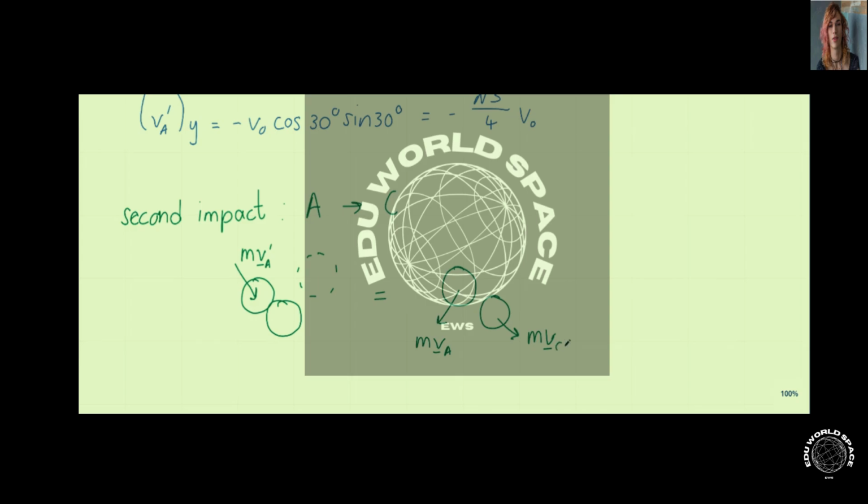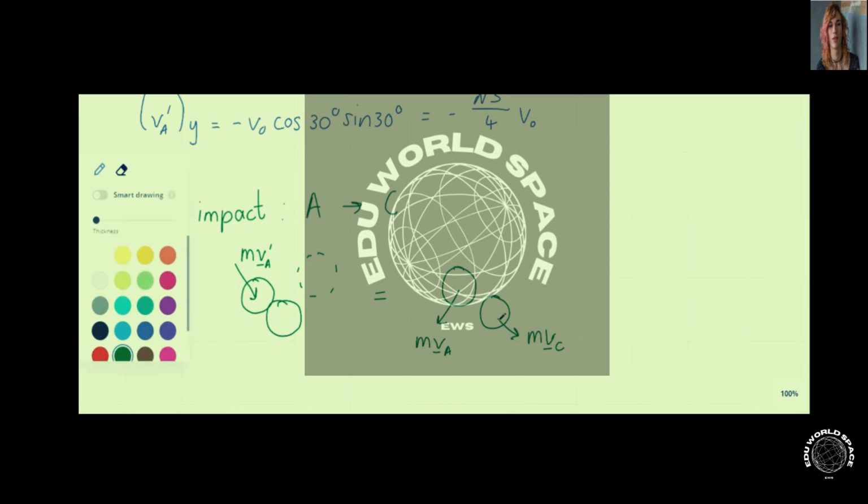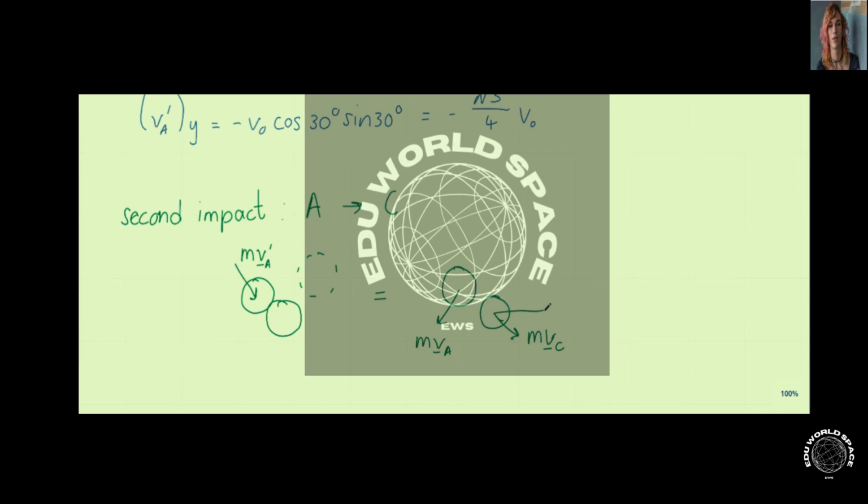Ball C moves off with m vC in the following direction. So it moves off at an angle of 30 degrees below the horizontal. And again, ball C is not part of this impact.